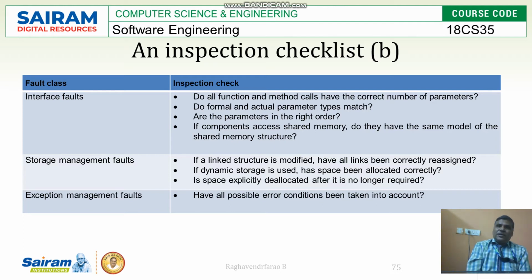Here, everything is provided, but how do you check that the possible errors and conditions are taken into account? Okay, at what time you should check these things, exceptions will be there. So whether you are checking those exceptions or not should also be verified. So these are some checklists for the inspections which are given here.